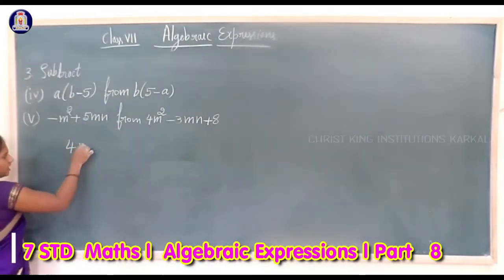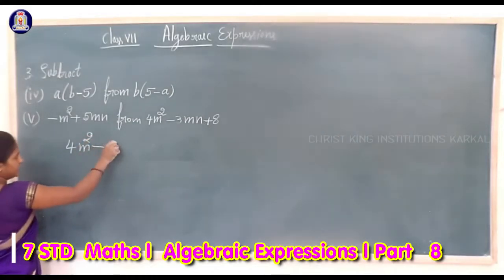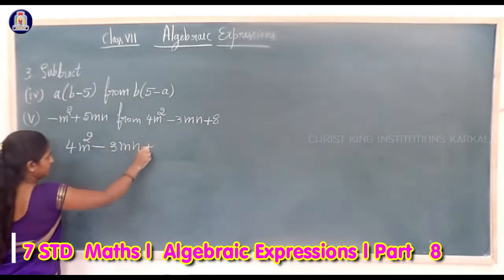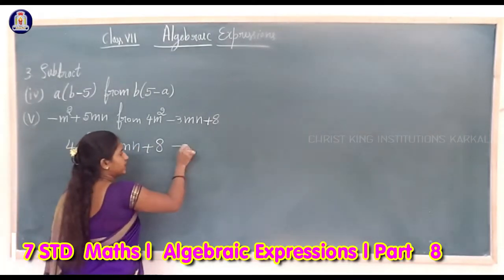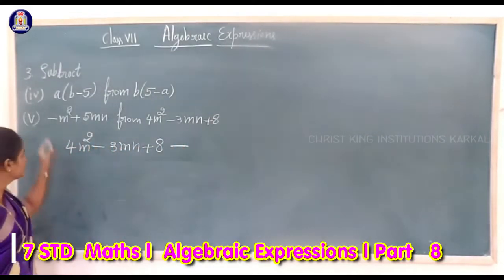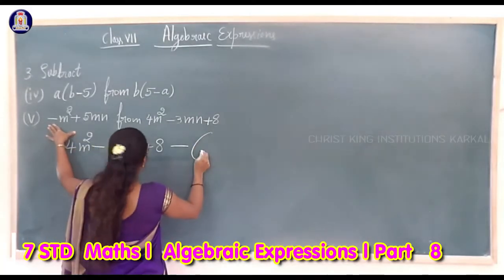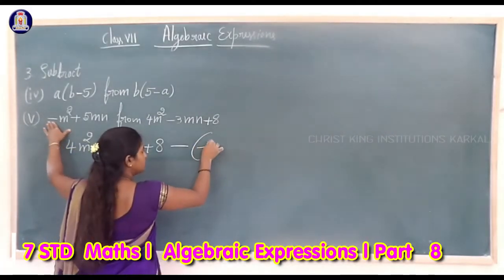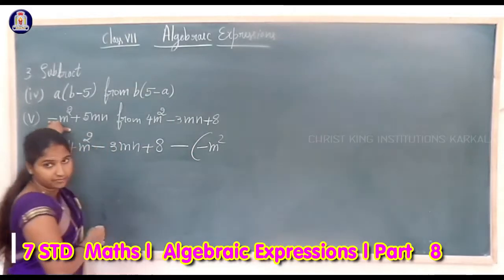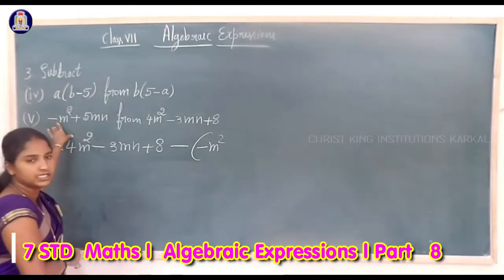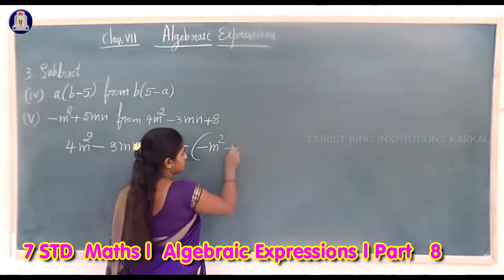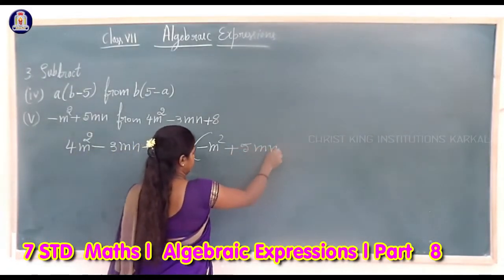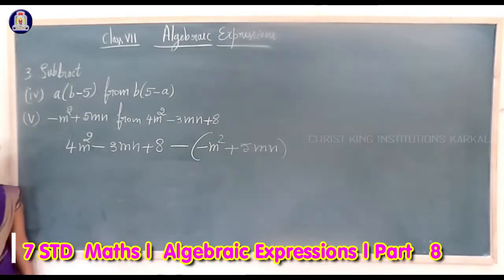The second expression is 4m square minus 3mn plus 8. From this you have to subtract this. Subtract means the sign is minus, so the negative sign is given. So write it in the bracket: minus m square plus 5mn.